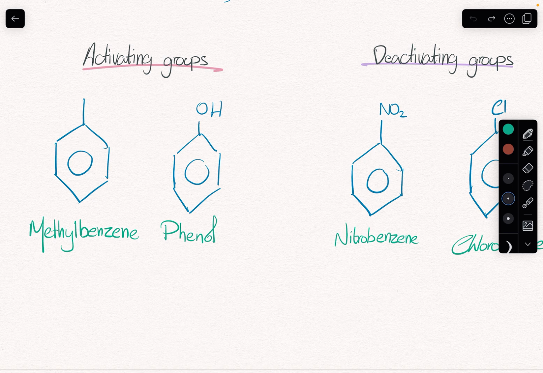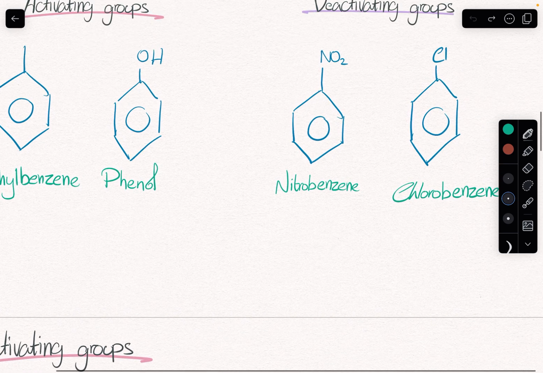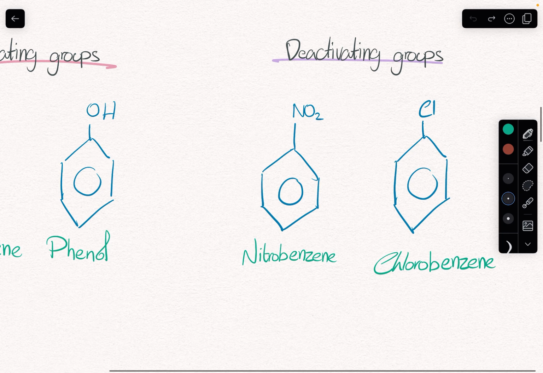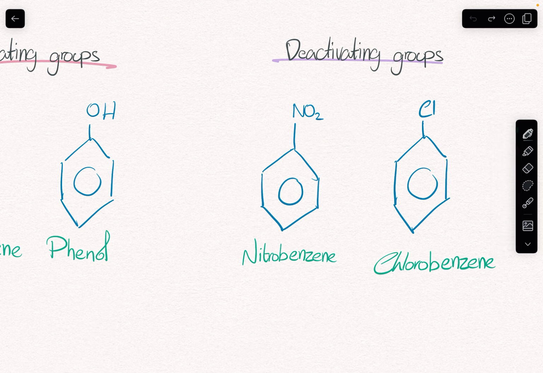Now, when we look at deactivating groups, we see something very different. A deactivating group is an electron withdrawing group, so they pull electron density from that ring. We've got a chlorine, and the chlorine, being super electronegative, is going to pull the electron density out of there.